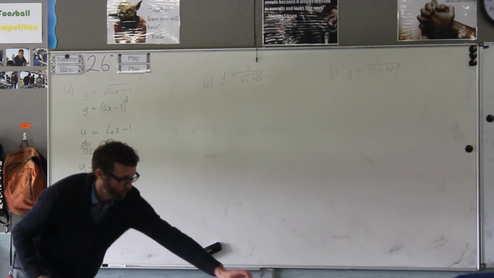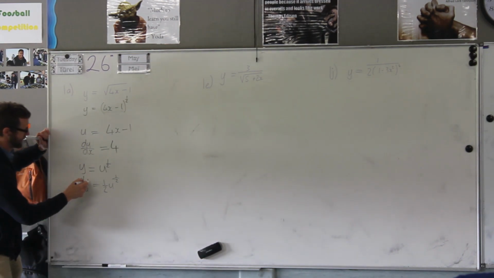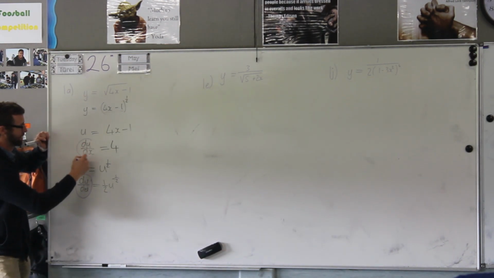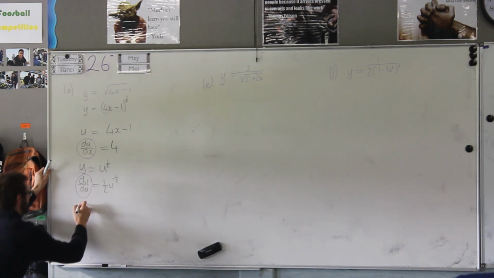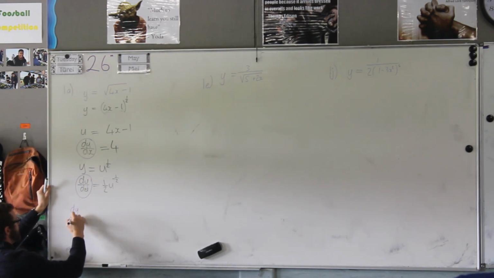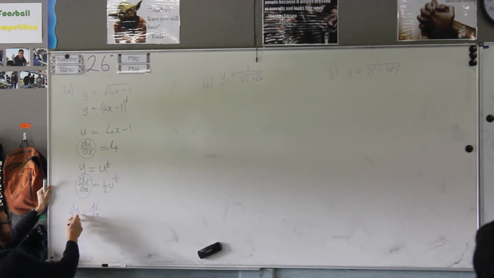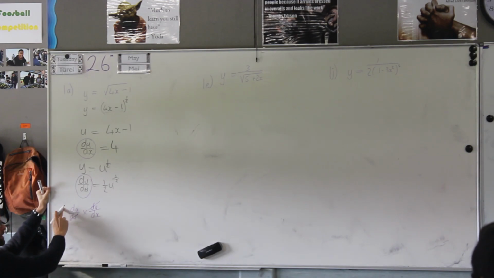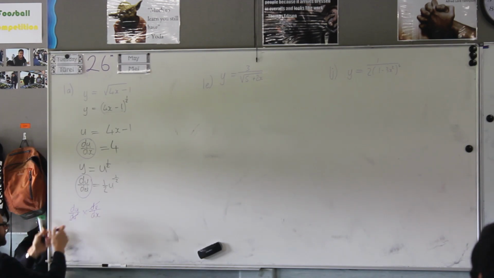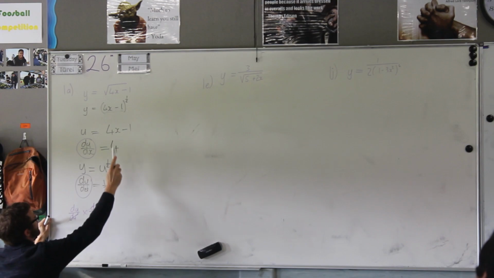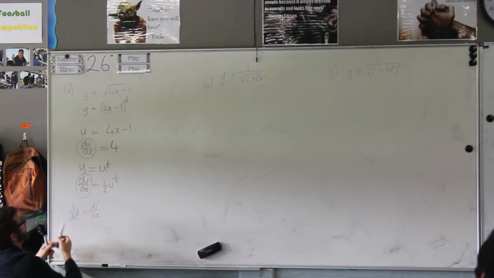So, at this point, look at this. If I go dy du and multiply it by du dx, what do I get? dy dx. So I multiply this by this.